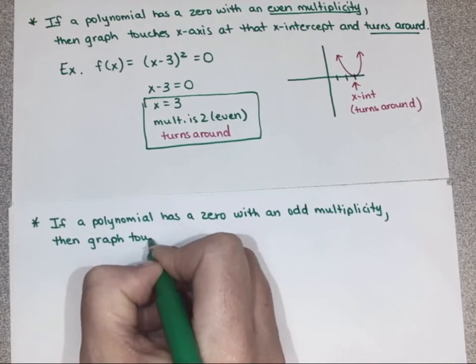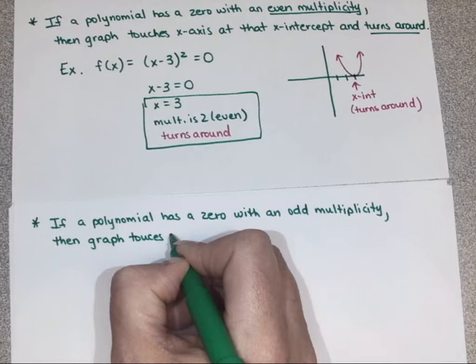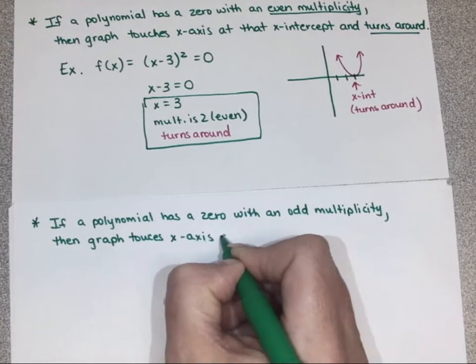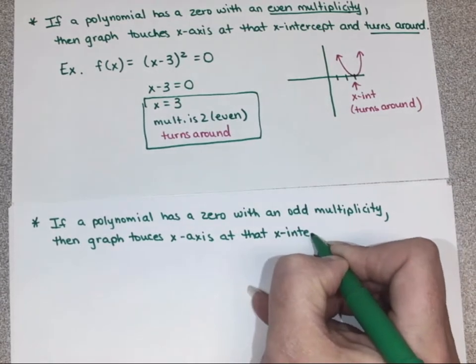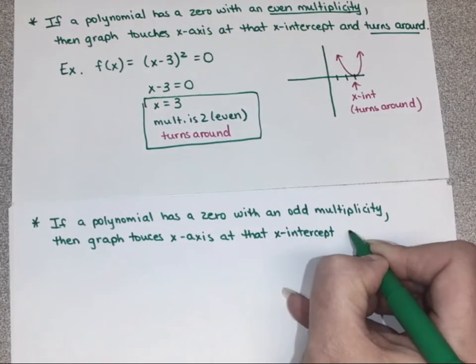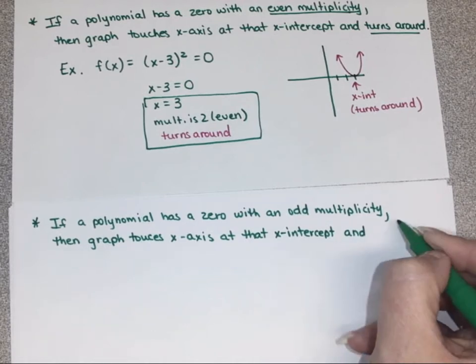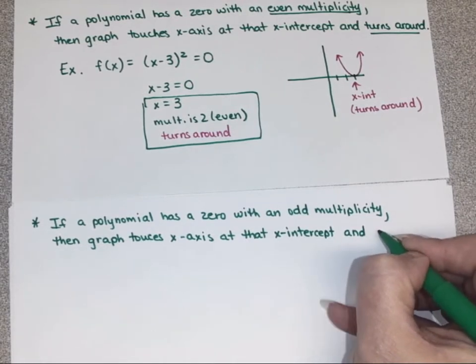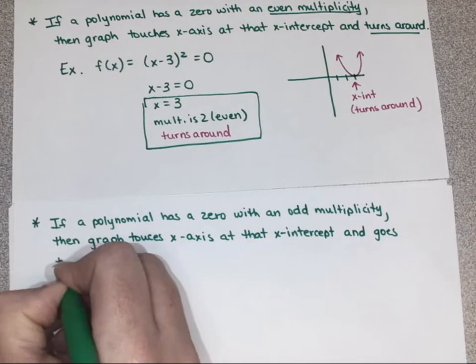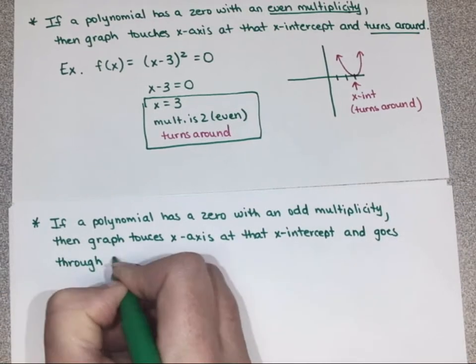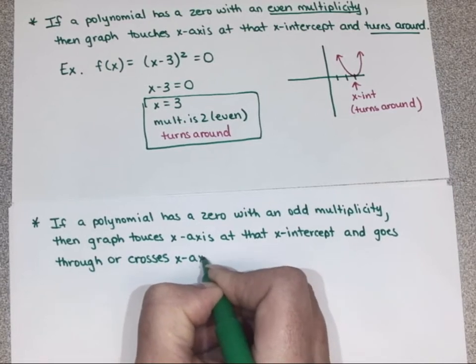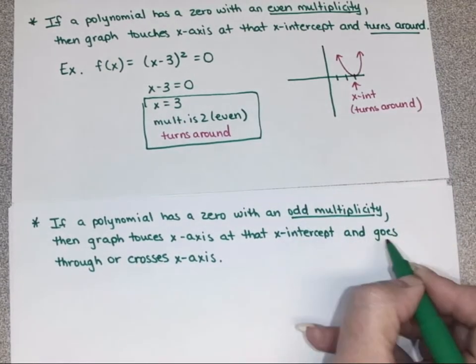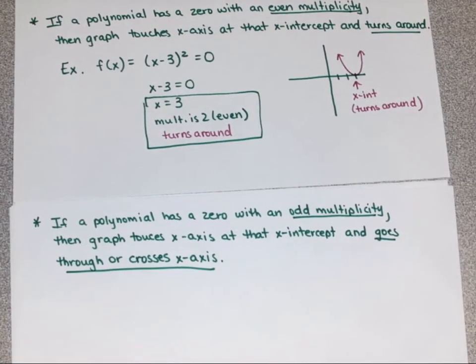So the graph is still going to touch the x-axis at that x-intercept, because that's what intercepts do. But this time it's going to go through the x-axis. So odd multiplicities go through or cross the x-axis.